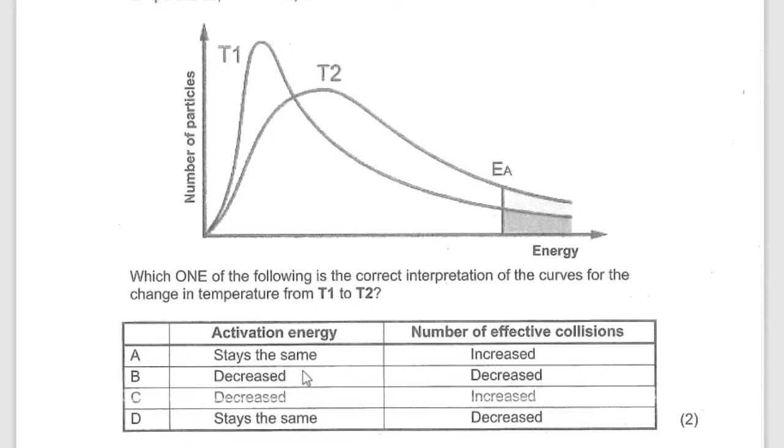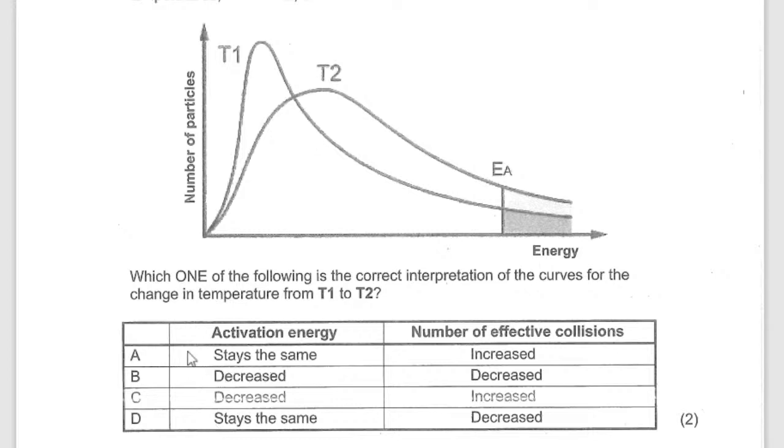Why? Because when you increase the temperature, you're increasing the number of particles which have sufficient energy, but the activation energy does not change. The minimum energy required for the reaction to start remains the same. What you do is you just boost the other particles so that they can reach that activation energy.